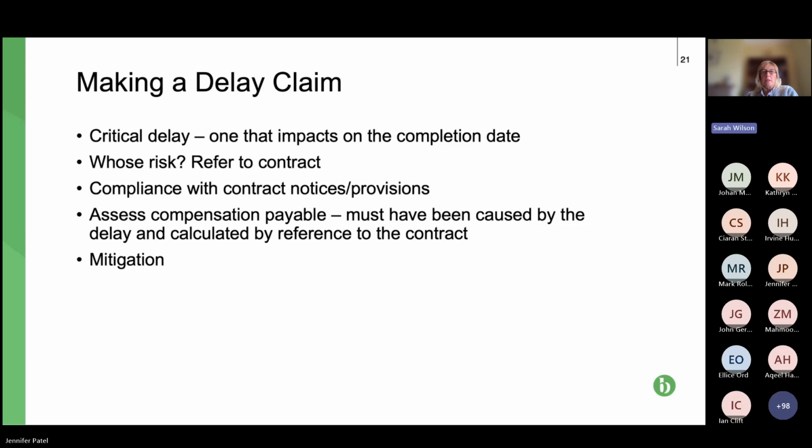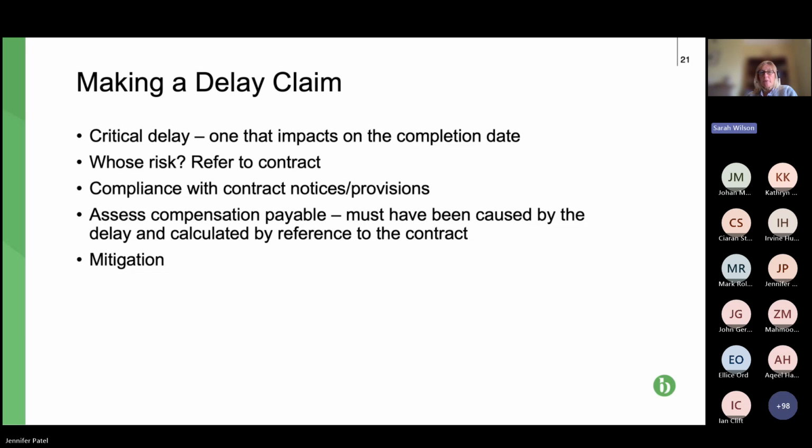In terms of delays that occur, as a matter of fact, what has caused the delay? The second point is, whose risk is it? And we've covered that where we saw the chart dealing with JCT and NEC.